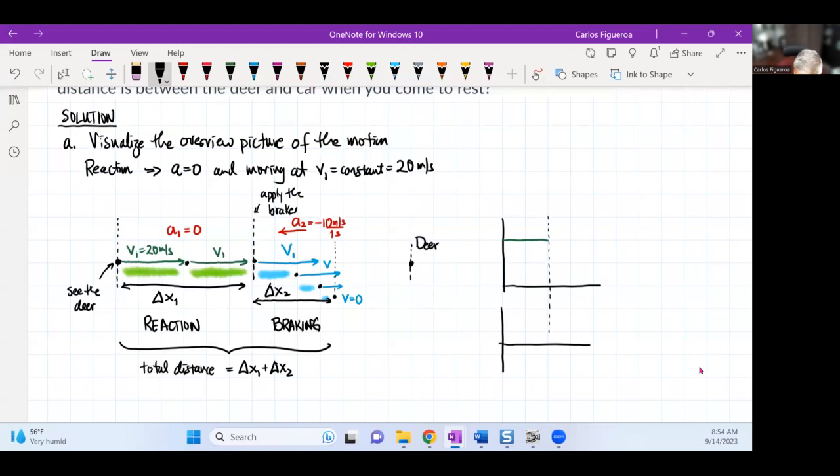This is my speed V1, and that speed is 20 meters per second. What's my acceleration at this time? Well, I'm moving at constant velocity, so this acceleration 1 is 0.